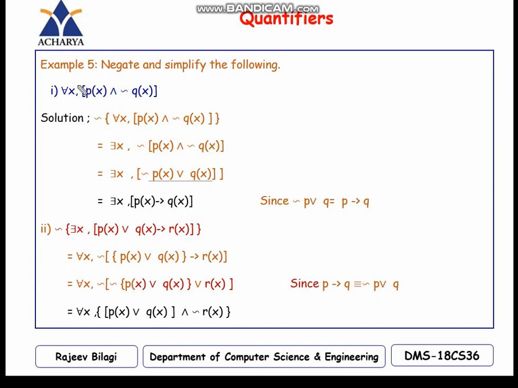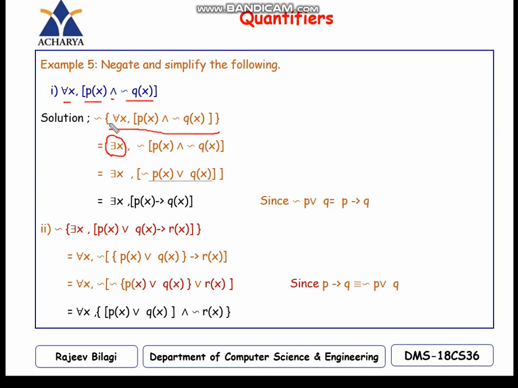A few more examples of how to write down and simplify the negation. For all x, P of x and negation of Q of x, this is the statement. When you are negating this entire compound statement, for all becomes for some.